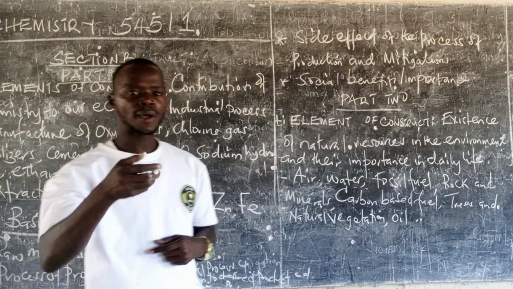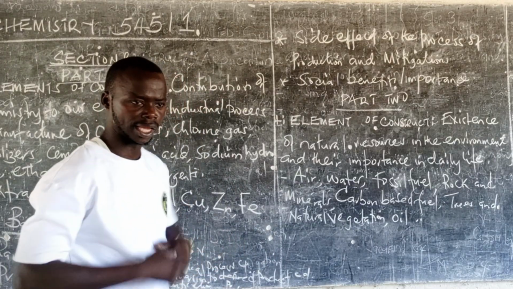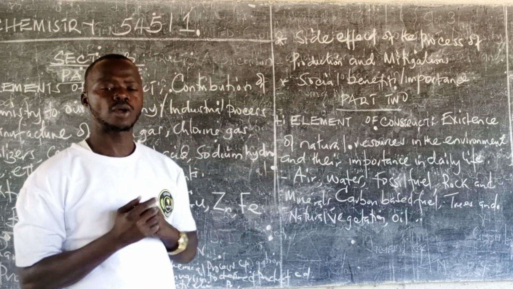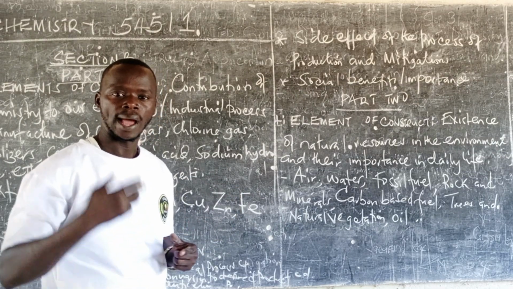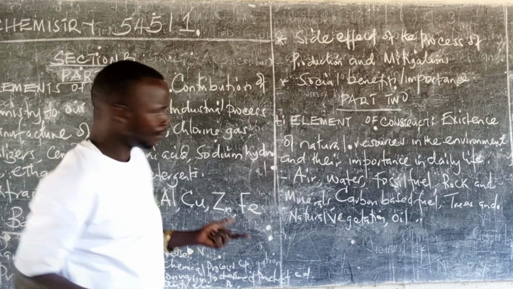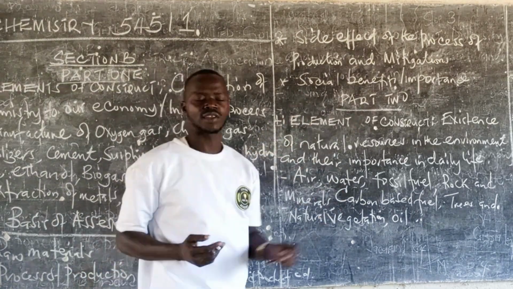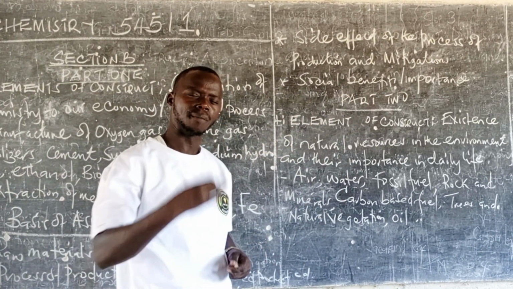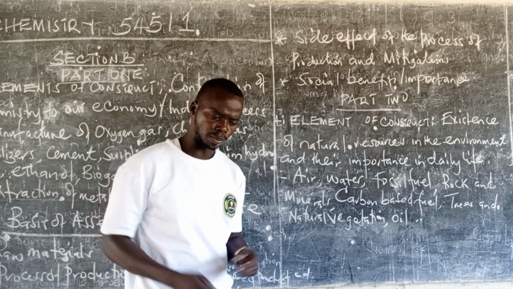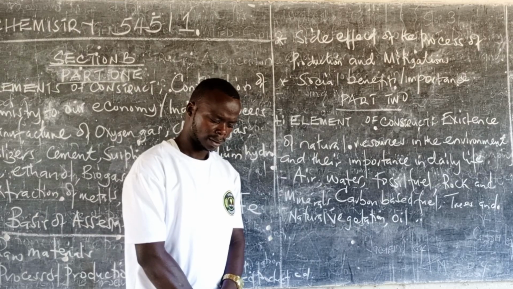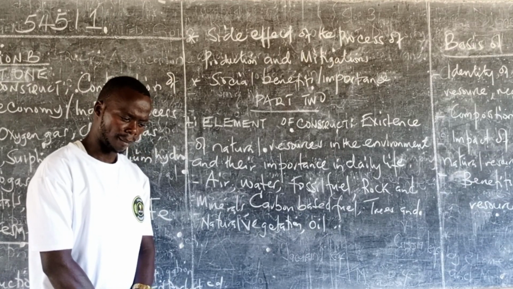And then the last heading in the speech, report or article that the learner is supposed to write is the social benefits, or what we call the importance of the process of production. If we talk about employment opportunity, the industry is providing employment opportunity.